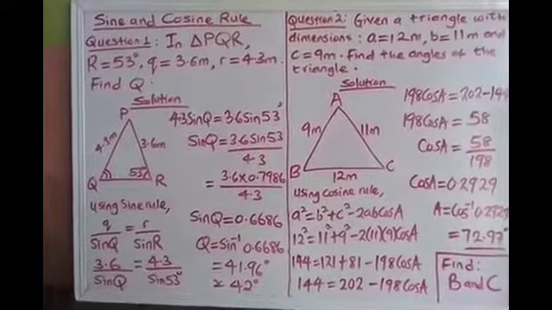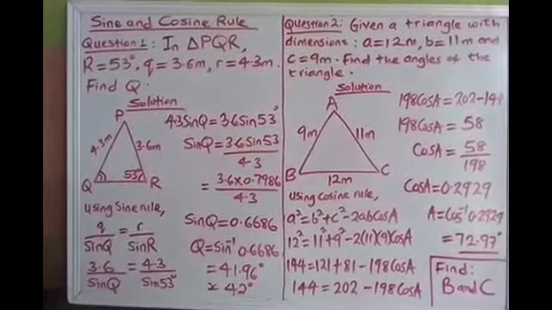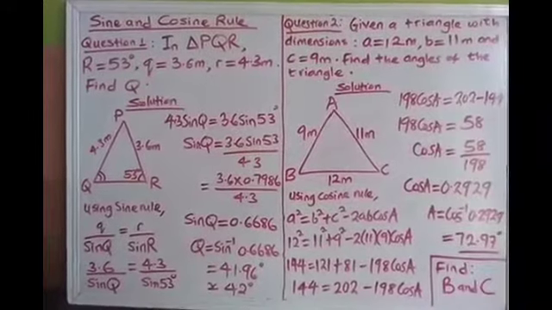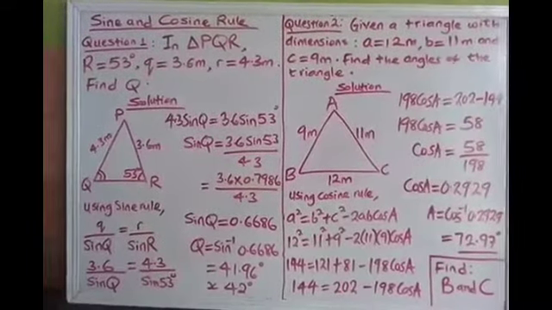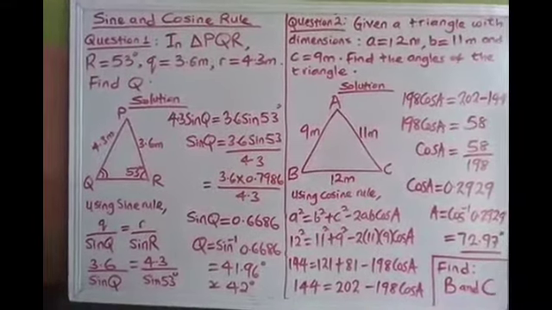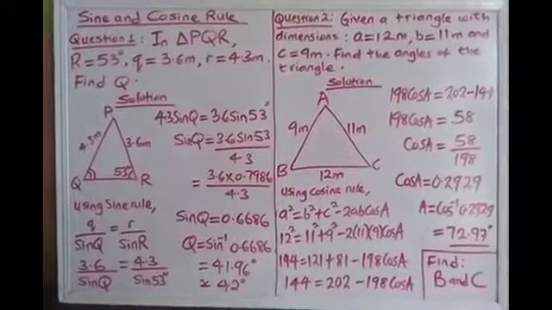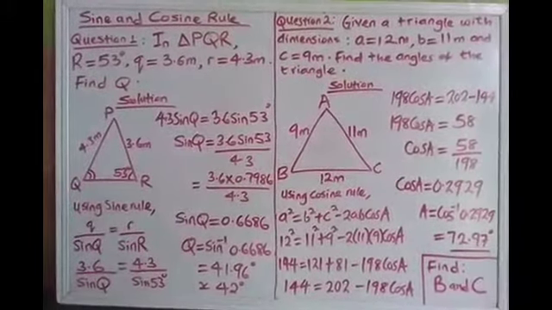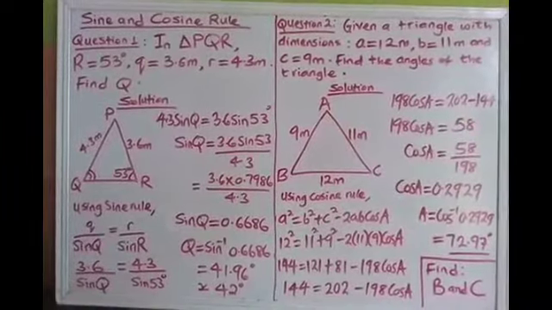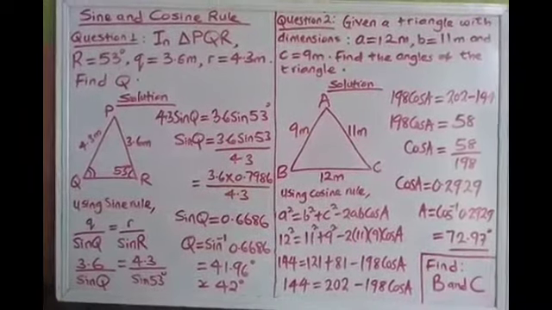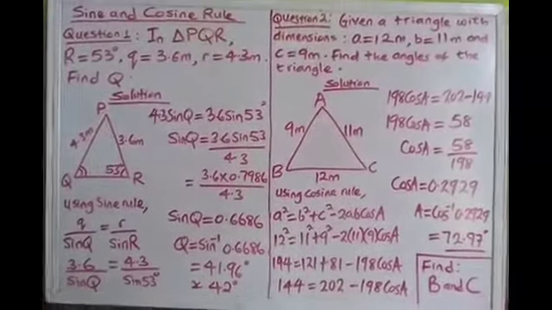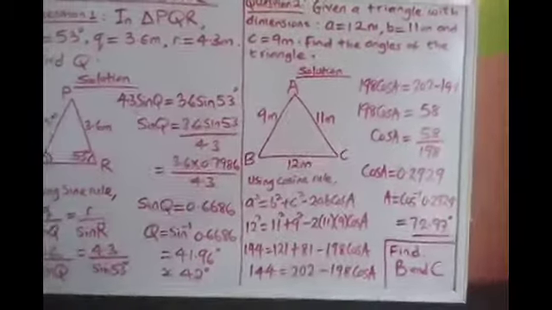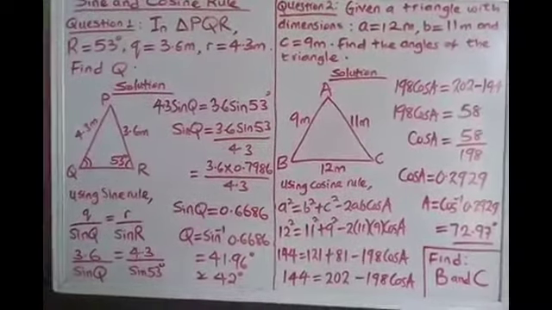From the diagram there, we have small r as 4.3, which is the side facing the big R. Then we have small q, 3.6, which is the side facing the big Q. Looking at that triangle critically, we see that we are given two sides and one angle. We are now asked to find another angle.